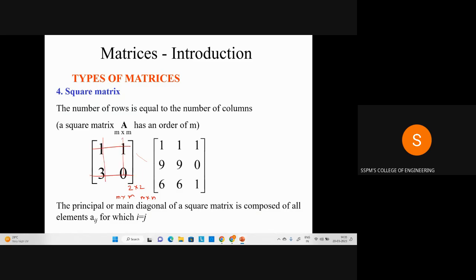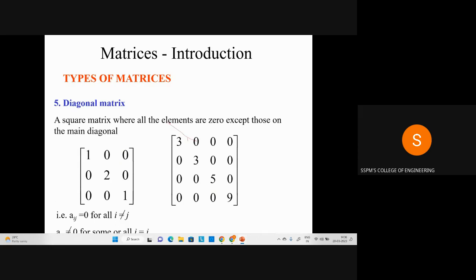In this matrix, the number of rows is 3 and the number of columns is also 3, so the order is 3 cross 3. Therefore this matrix is a square matrix. So any matrix where m is equal to n is called a square matrix.